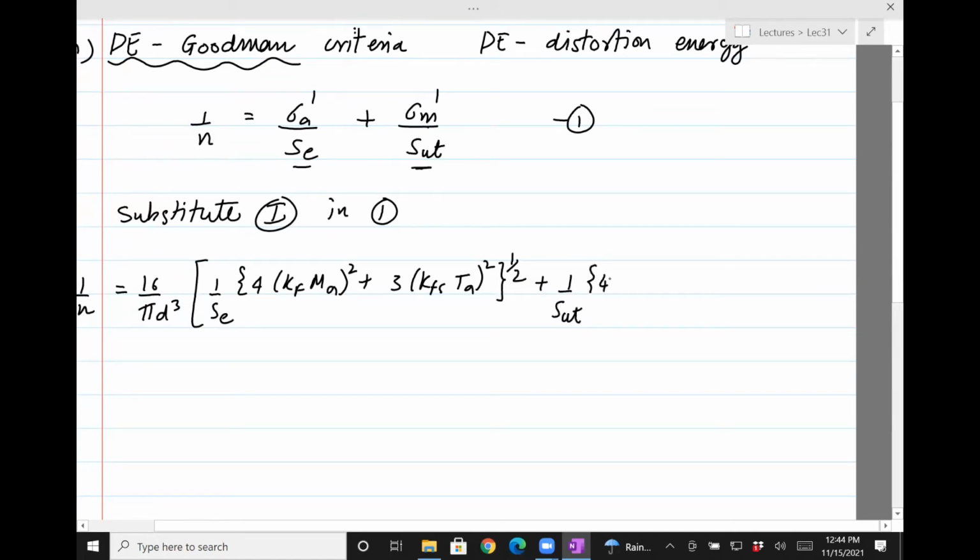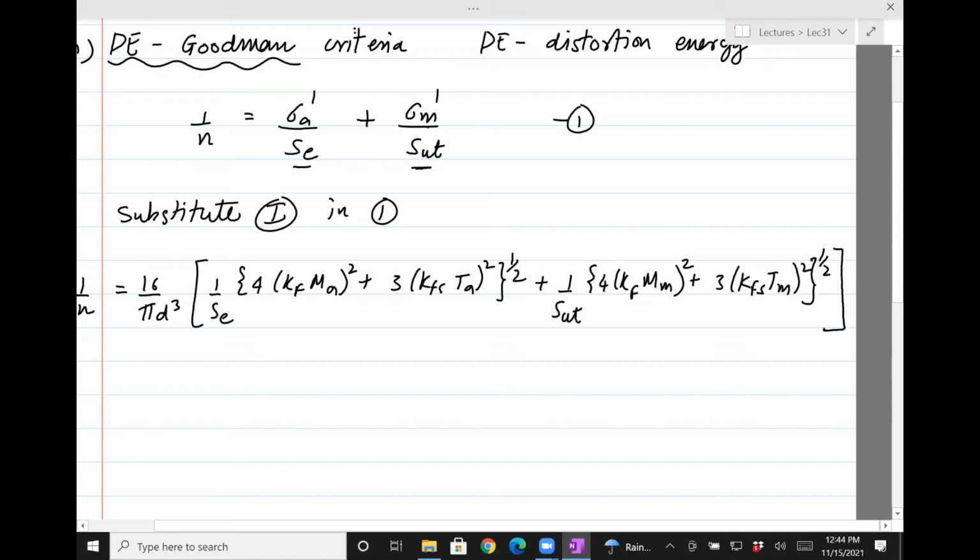So that is 4 Kf Mm squared plus 3 Kfs Tm squared, and then I need to do the square root of only the thing in the curly bracket.